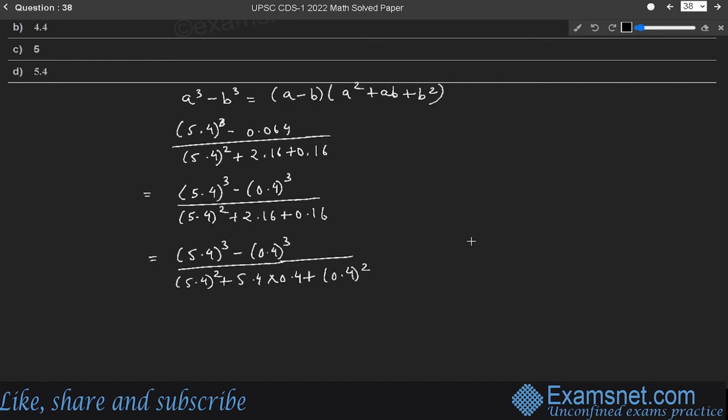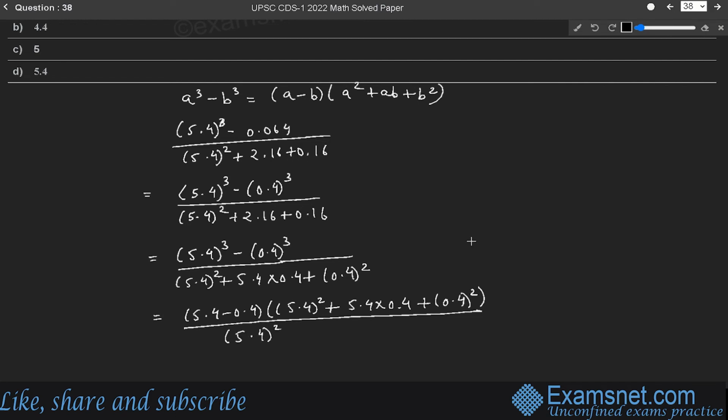Now on applying the formula for a cube minus b cube, we will get 5.4 minus 0.4 into 5.4 whole square plus 5.4 into 0.4 plus 0.4 whole square upon 5.4 whole square plus 5.4 into 0.4 plus 0.4 whole square.